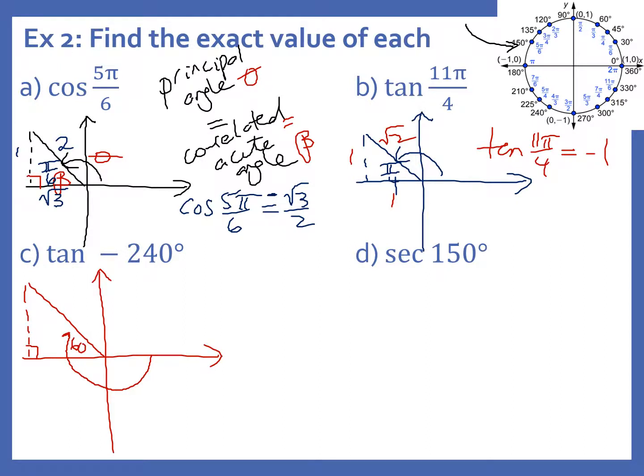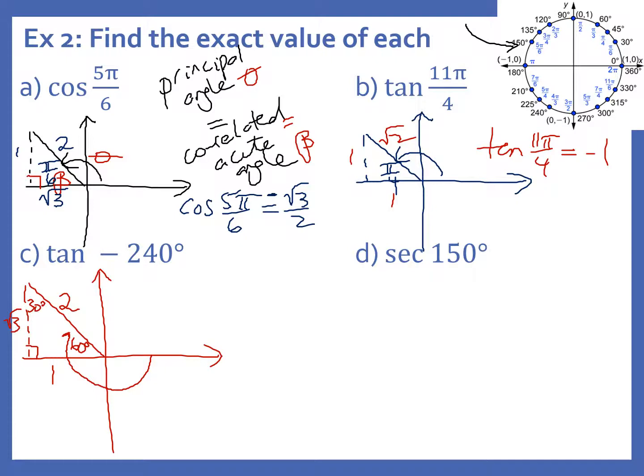So we know that that is 60 degrees. We can keep it in degrees since it was given to us in degrees. We know that's 30. And if you use your special triangles, this goes to our 60-30 triangle. We know that our hypotenuse is 2. Across from the 30 is 1. Across from the 60 is root 3.